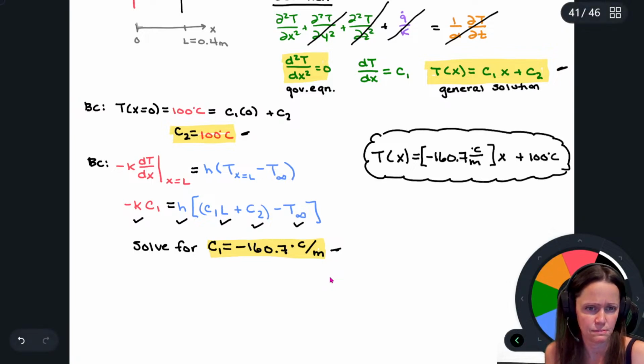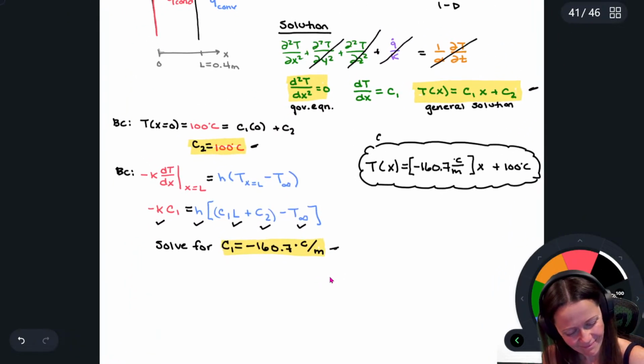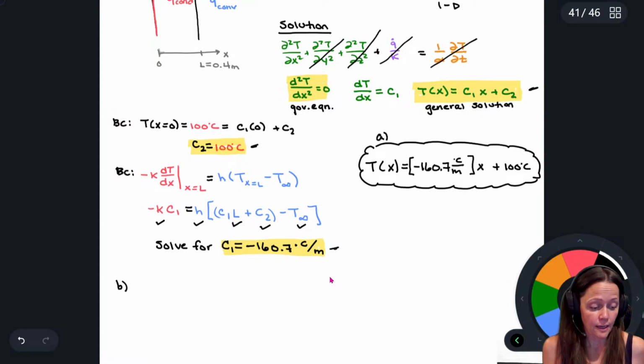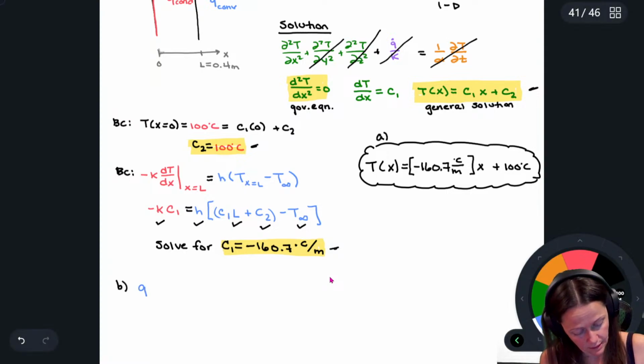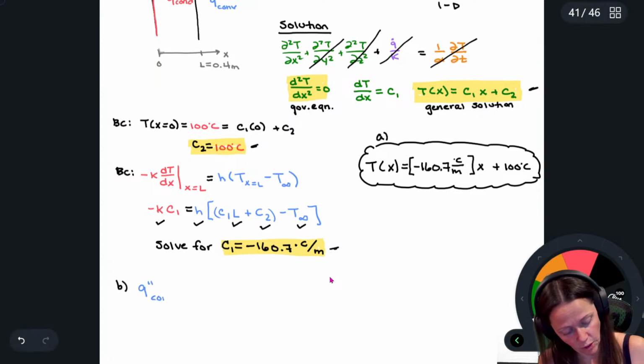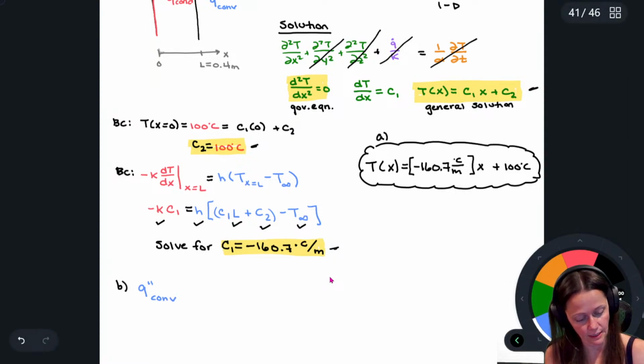Okay, so that was A. And then all B is going to tell me is that I need to define the Q by convection. That's this right here.